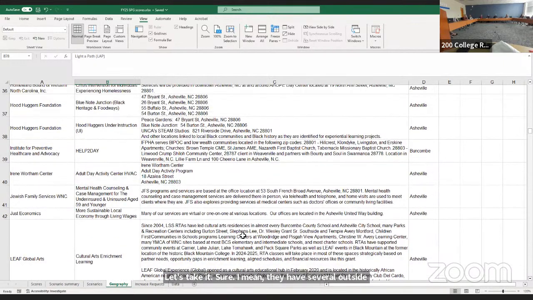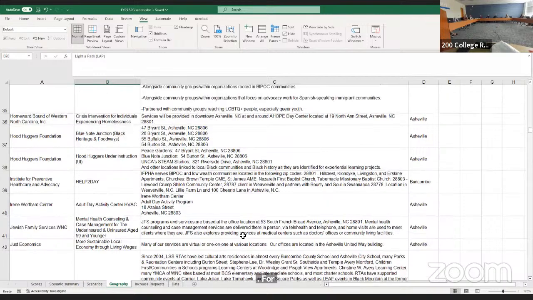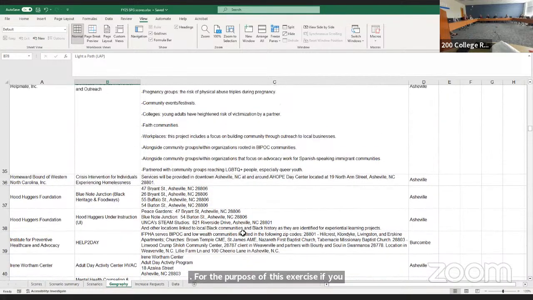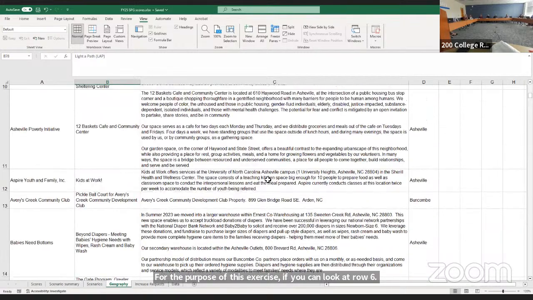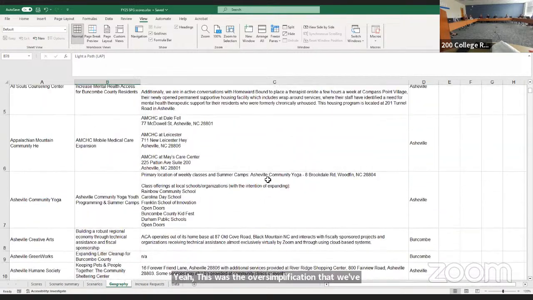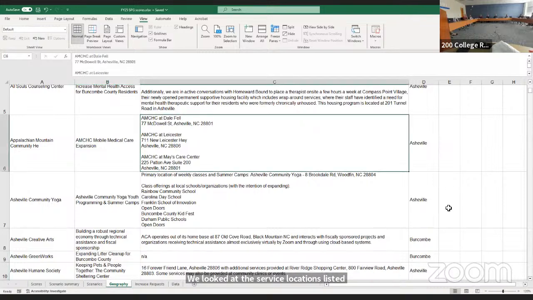So for the purpose of this exercise, if you can look at row 6, Angela. This was the oversimplification that we've done. We looked at the service locations listed and the zip codes associated with them, and they've put 28801 and 28806.